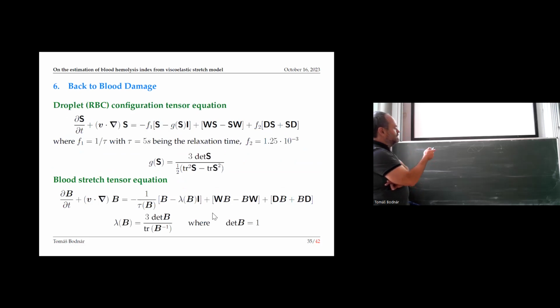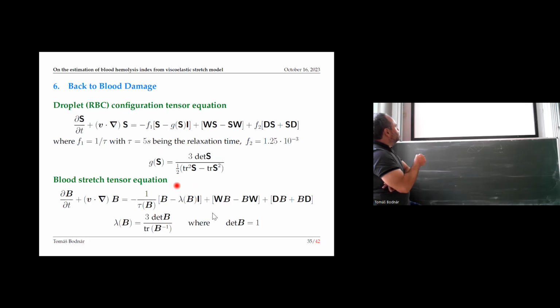But then if you compare the two models, the droplet configuration model that was already used for the blood damage, you will get this kind of tensorial transport equation for the configuration tensor S, with these parameters, where this F1 is 1 over some time scale, where this time scale is given somehow, or can be measured from the oscillations of the red blood cells and so on.